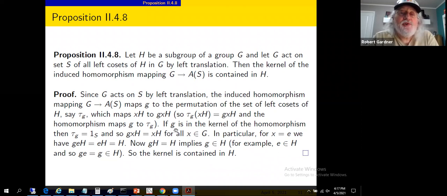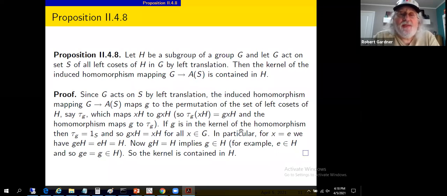Suppose g is in the kernel of the homomorphism. We never gave this homomorphism a name from here to here. It is not the tau. It's the homomorphism induced by the group action promised to us by theorem 4.5. But anyhow, we have a homomorphism between G and this group of permutations.